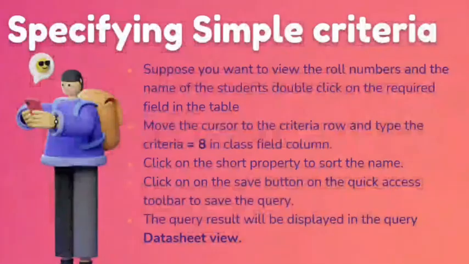The next heading is how we can specify a simple criteria or multiple criteria. Suppose you want to retrieve information about class 8 students, how can you retrieve it? With the help of simple criteria, you can find out specific information about a single person.